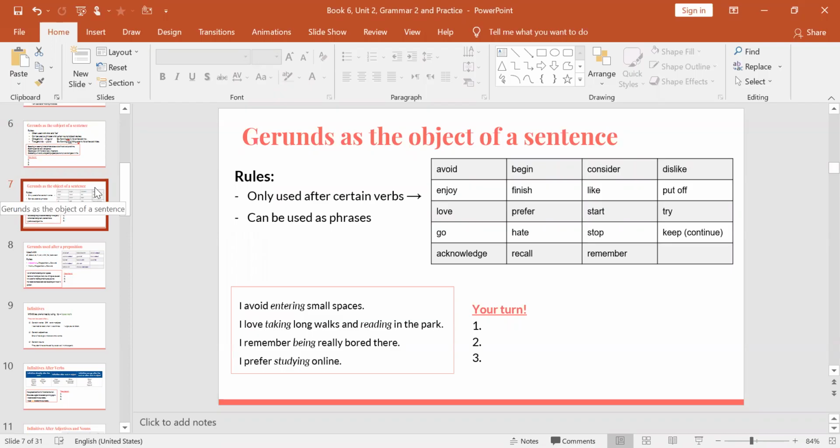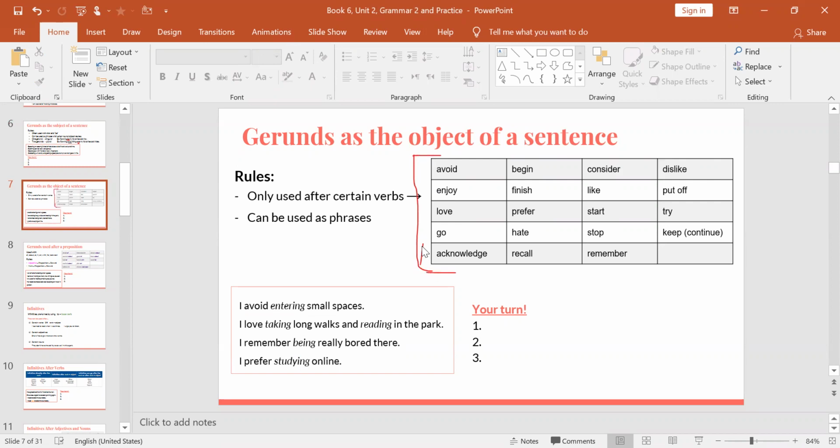Gerunds as the object of a sentence. So here are some rules. Only used after certain verbs and can be used as phrases. Okay. So this template here that you see, there are some verbs that have been identified that can take gerunds as the object of sentences.